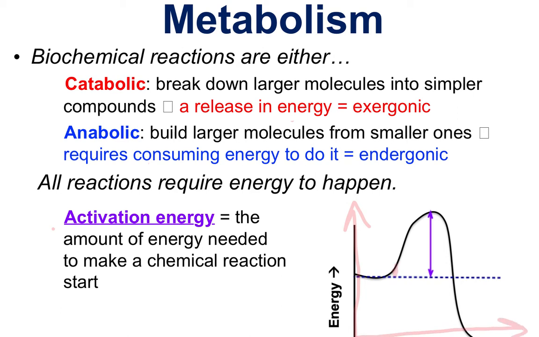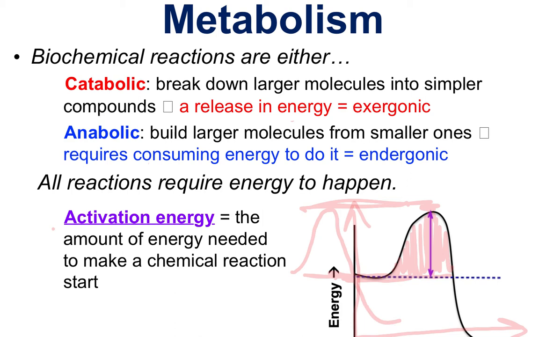Activation energy is the energy under the curve, from the tippy top, which is the highest amount of energy, to the energy that the reaction got as it started. This line represents activation energy. It demonstrates the amount of energy that's required to make the chemical reaction start. If I start here and I end here, then this is the amount of energy that was required.